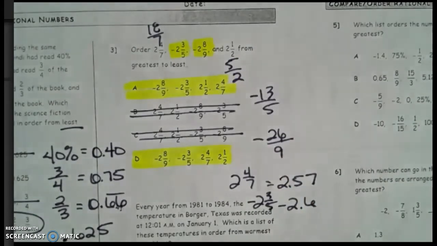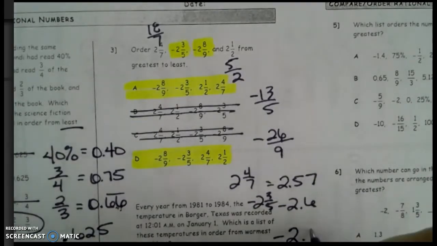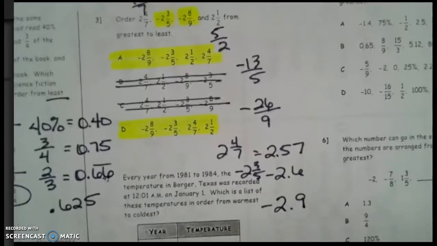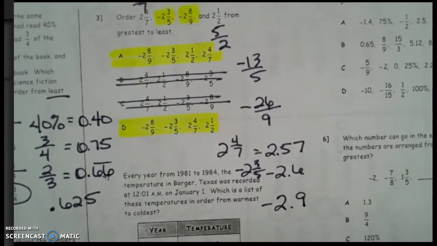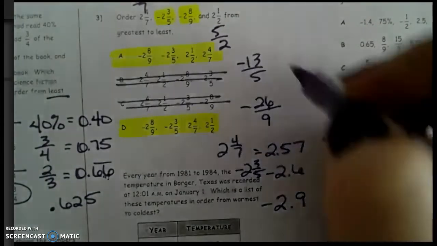Negative 2 8/9 is negative 2.89. We'll round it to 2.9. And then 2 1/2 would be 2.5.